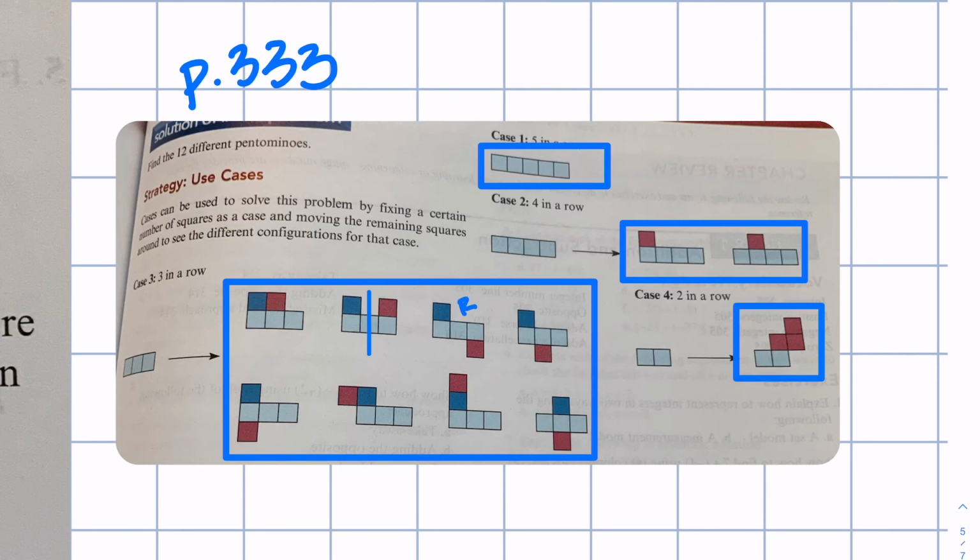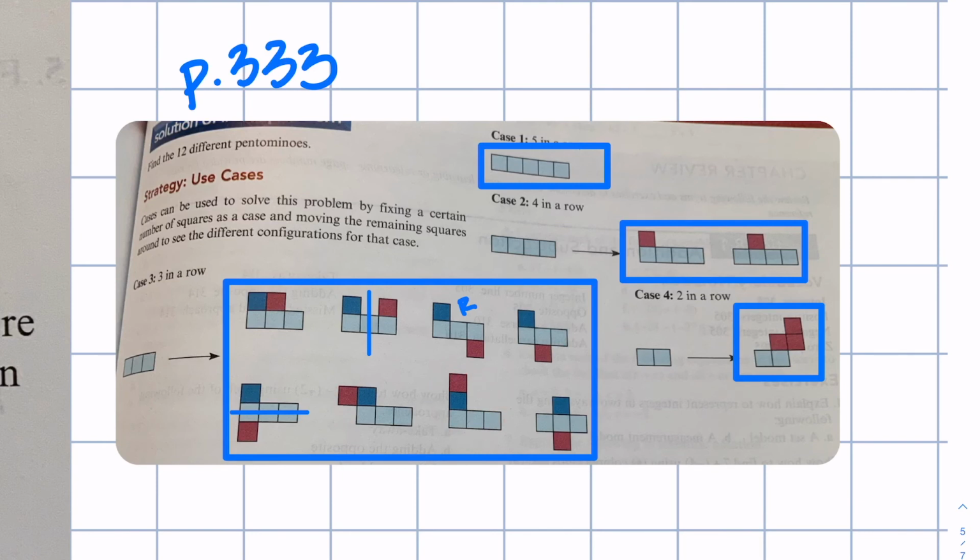Let's see, this one here has a reflection symmetry, but I don't think it has any rotation symmetry. So let's see, it has a reflection symmetry like that, and I think that's the only one. This guy looks like no symmetries to me.